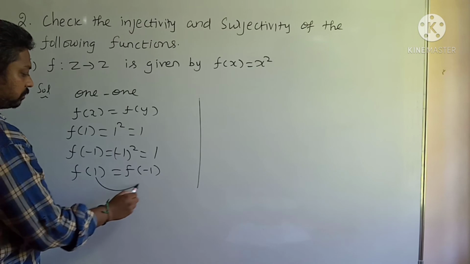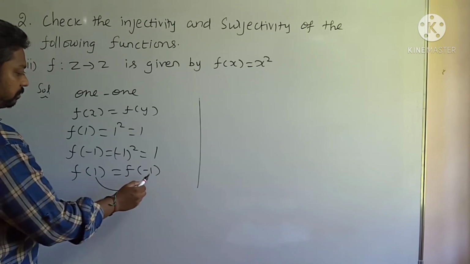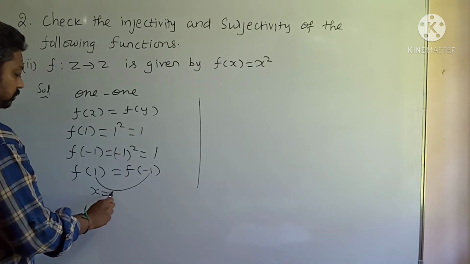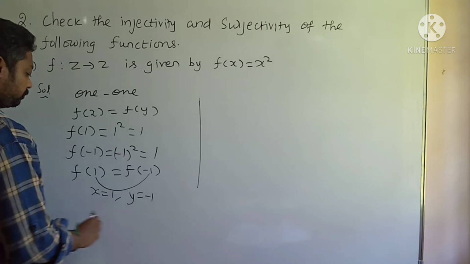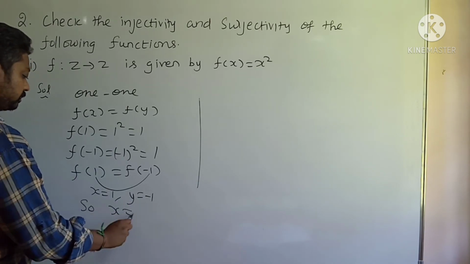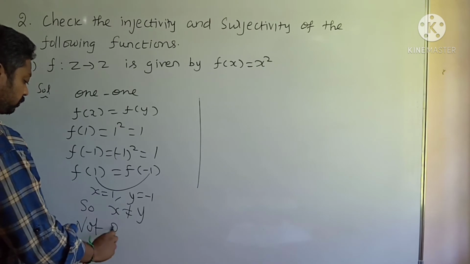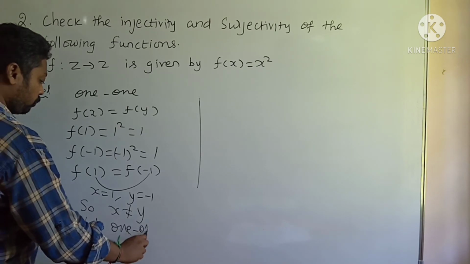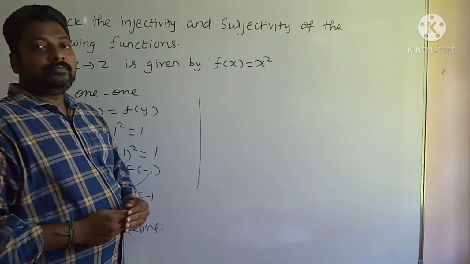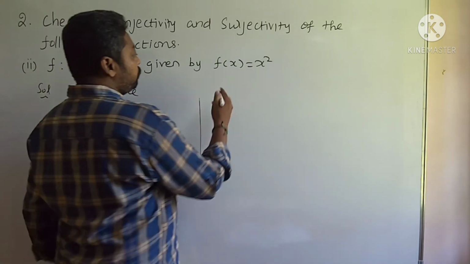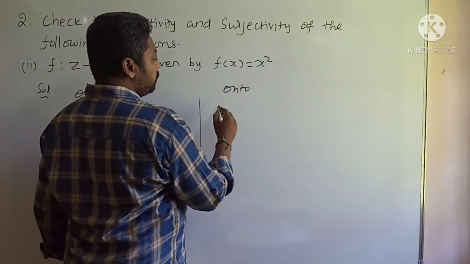But we should get x equal to y, right? x is 1, y is minus 1, so x is not equal to y. So this is not one-to-one.